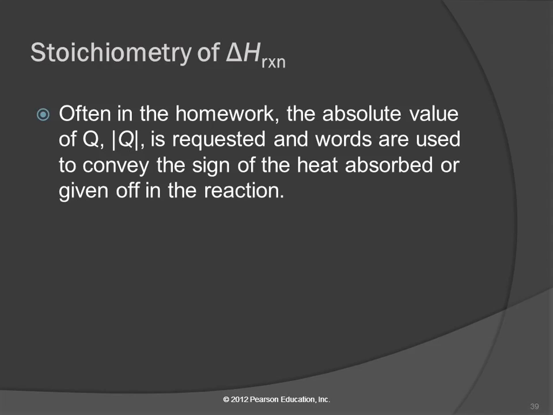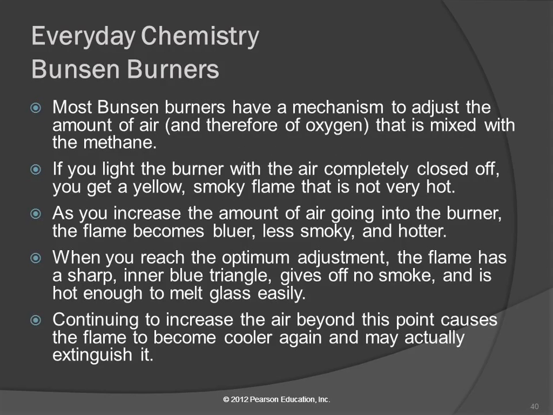So they're saying in the homework, ignore the sign, ignore the negative sign. Just tell us the amount. And then they use words to convey whether the heat is absorbed or given off. If I'm going to say that this amount of heat is given off, then I don't need the negative sign, because the given off tells us that.